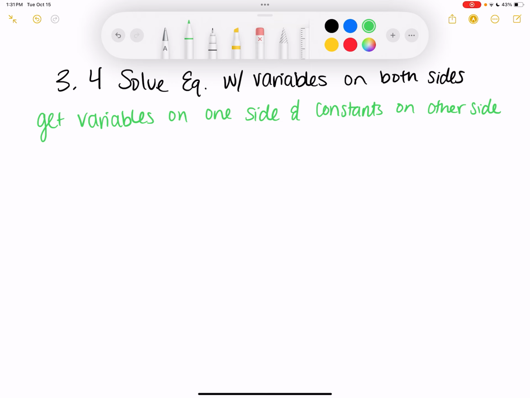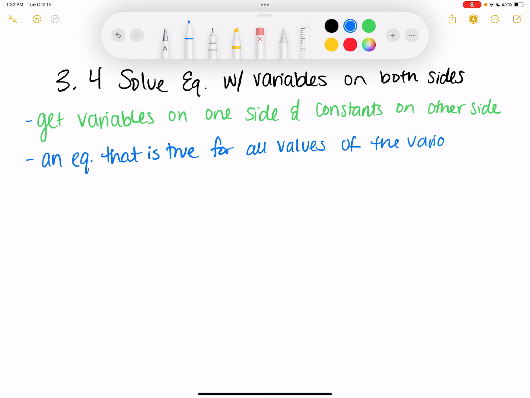It is possible that a problem can have more than one solution or no solution. An equation that is true for all values of the variable is called an identity.